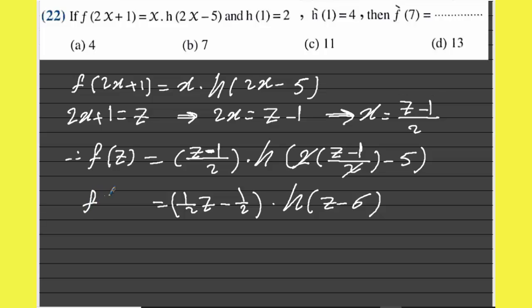Now we have f of z equals half z minus half dot h of z minus 6.